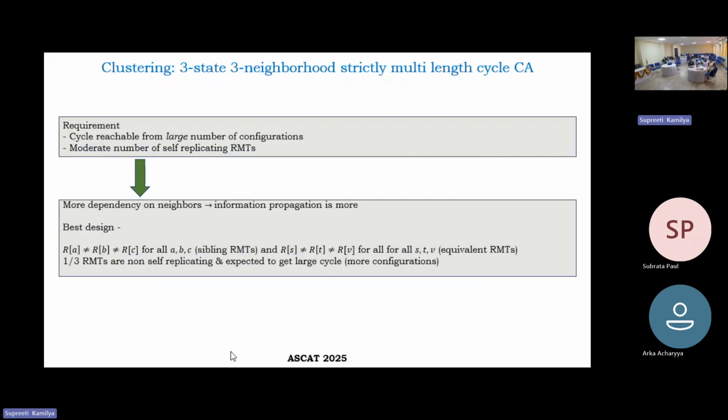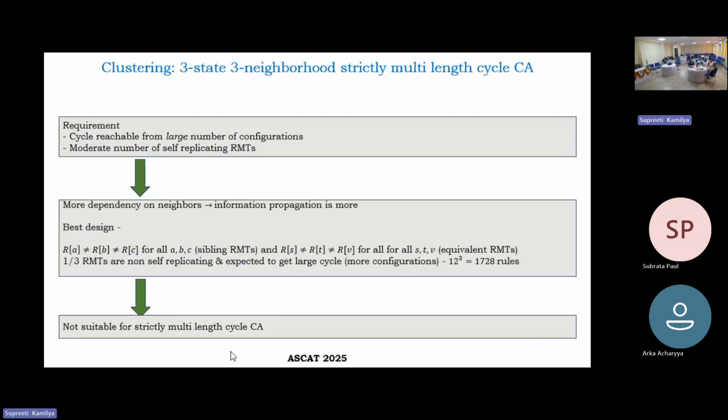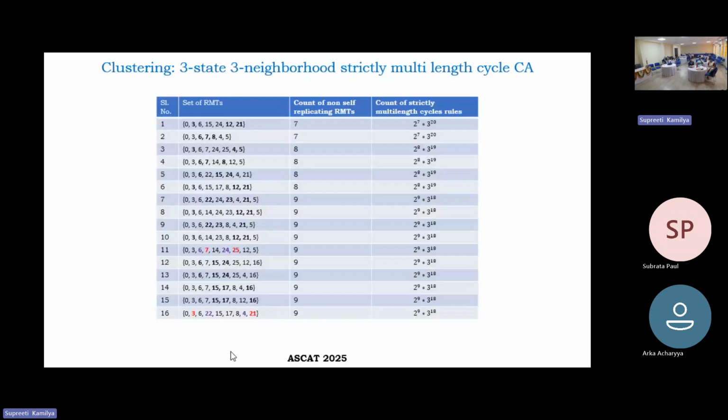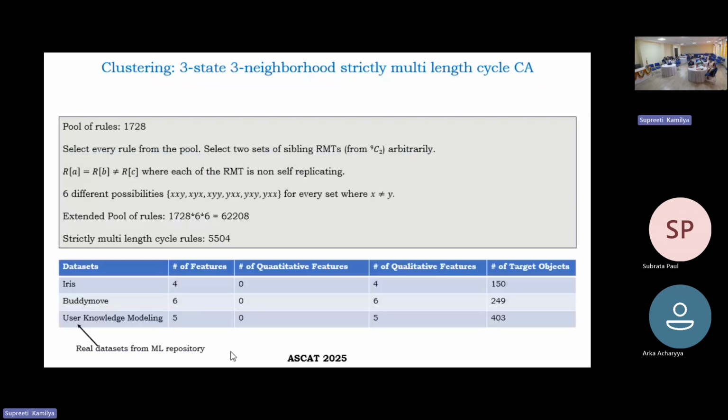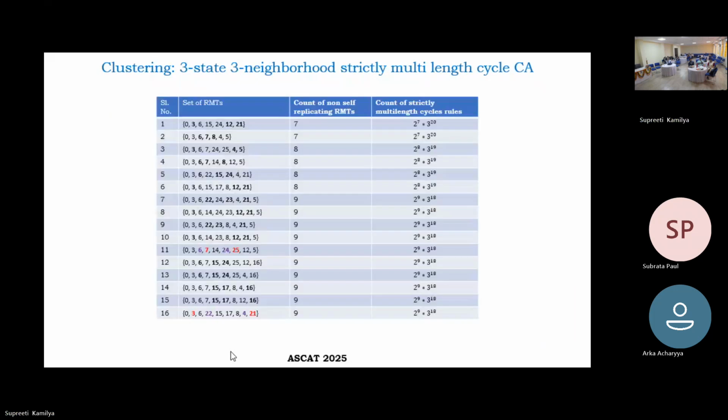But there is some restriction. As we are mainly targeting strictly multi-length cycles, this is not suitable. The reason is, if we look here, suppose we make 12 and 21 non-self-replicating, and if we consider the siblings, here 6, 7, 8, these are non-self-replicating.